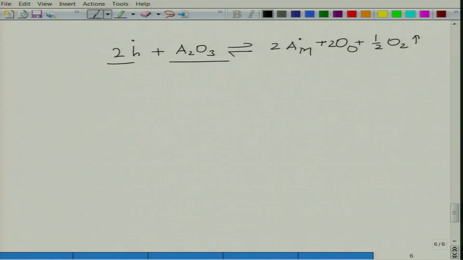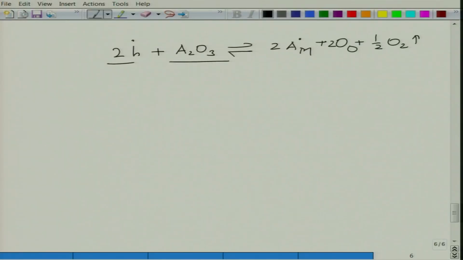So, basically you can reduce the amount of defects if your oxide was already defective. Okay. So, appropriately you can choose, for MO you will choose M2O3, but for M2O you can choose MO. Okay. Alternatively, if you wanted to control the metal vacancies, then you will have to go for lower valence stuff. So, that is how you do.